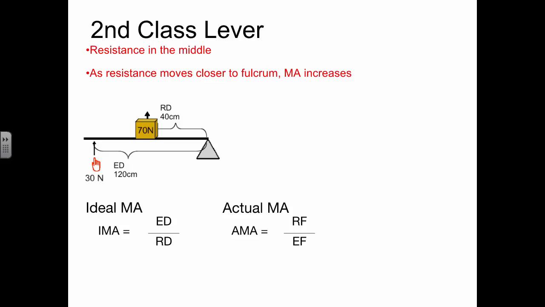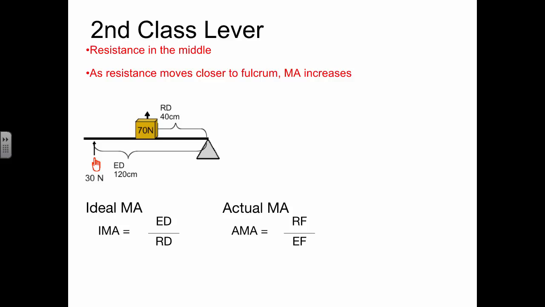The variables remain the same. Effort distance is from the fulcrum to the effort. Resistance distance is from the fulcrum to the resistance. So in this simple machine, Matt, what's the effort distance? 120 centimeters. What's the resistance distance, Will? 40 centimeters.